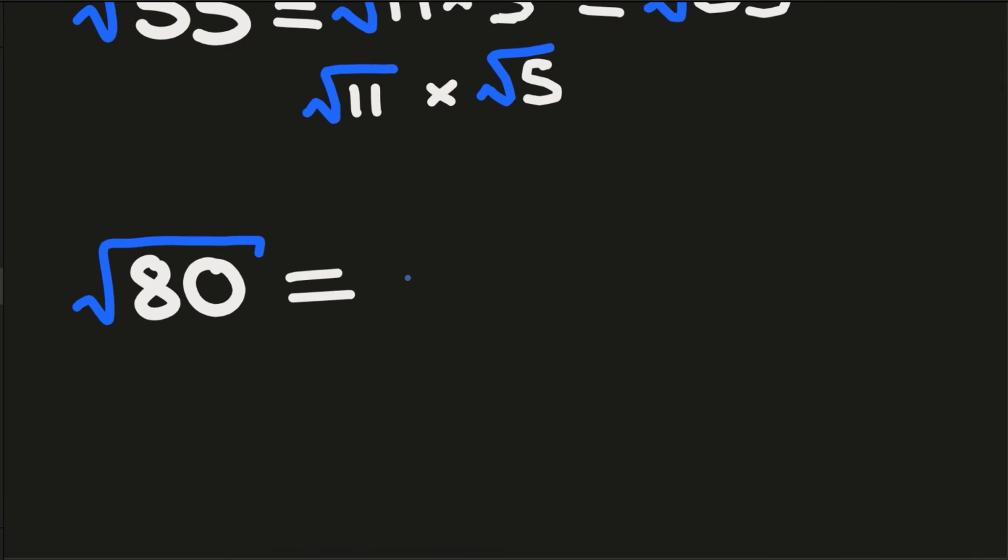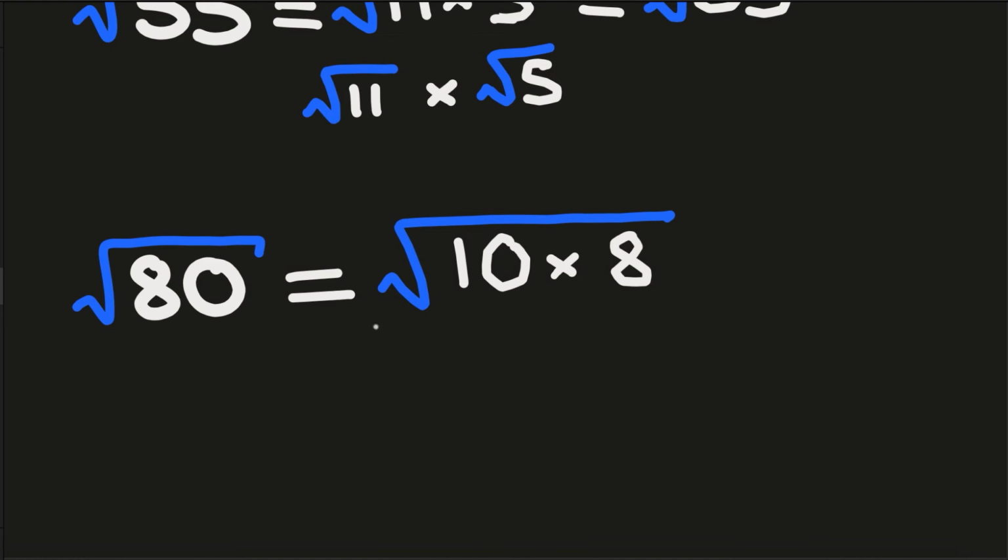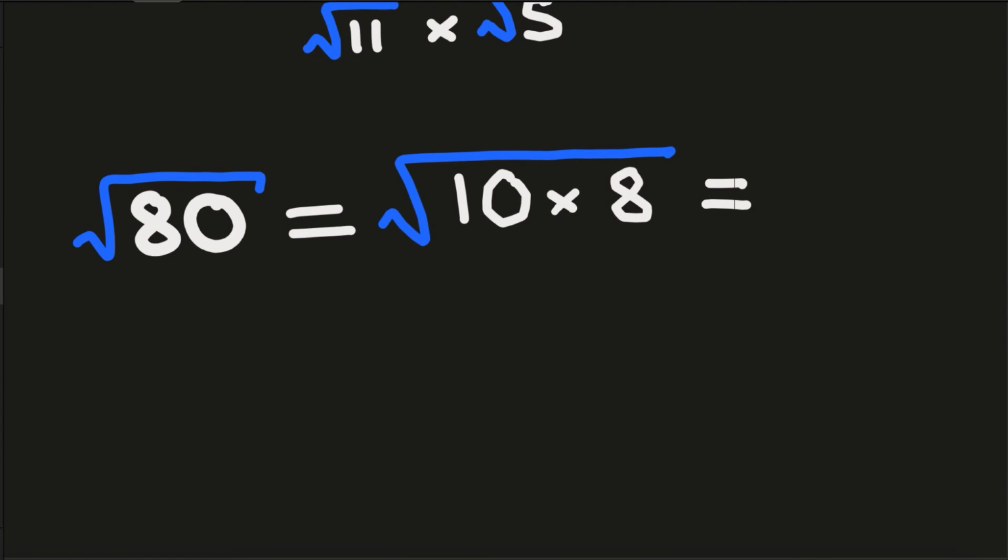Square root of 80. We know that the square root of 80 is equal to 10 times 8, because 10 times 8 is 80. Let's break this down into two square roots. Square root of 10 times the square root of 8.